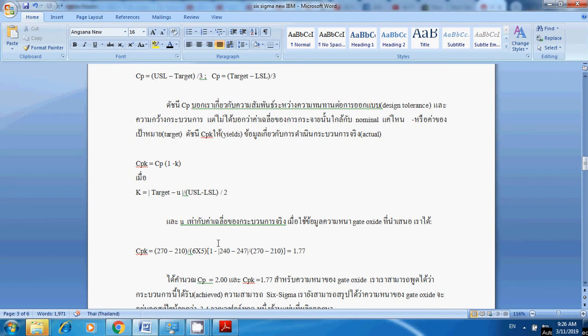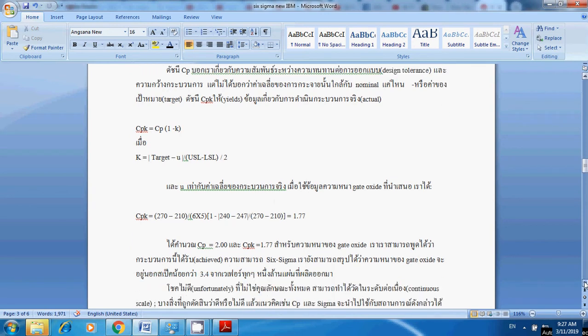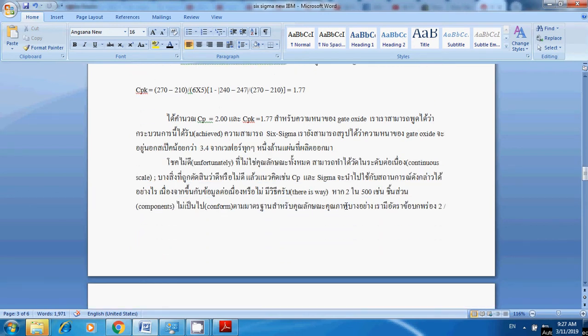Here k equals the target, 240, minus X bar, the mean, which is 247, divided by USL minus LSL divided by 2. That gives you 1.77. So we calculate Cp equal to 2.0 and Cpk equal to 1.77 for the gate oxide thickness.